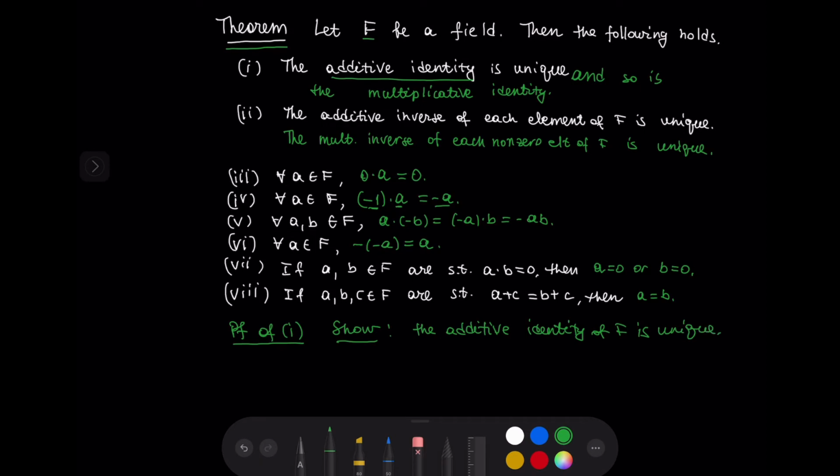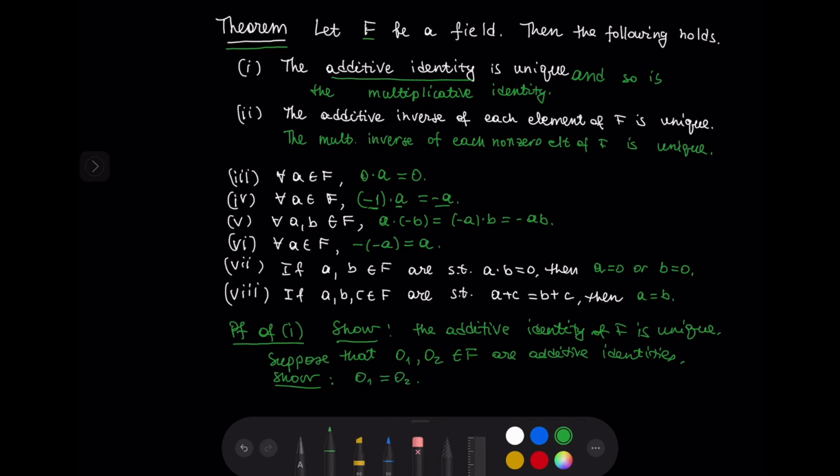So how do we do that? Let us assume that there are two additive identities. So suppose that 0_1 and 0_2 in F are additive identities. What we want to show is that 0_1 is equal to 0_2.